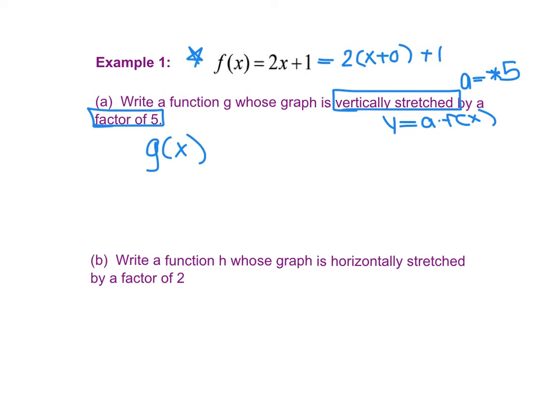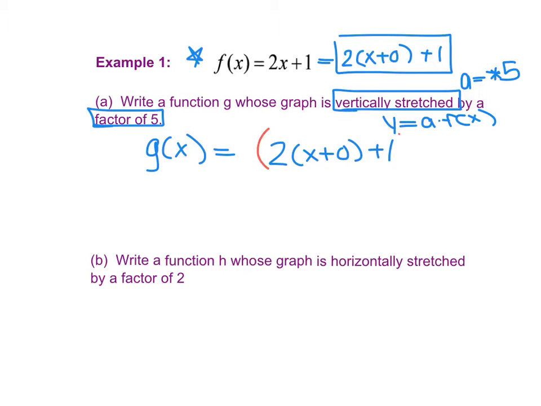So what we're going to do here is we're going to take this entire function, so we have 2x plus 0 in parentheses plus 1, and we are going to multiply it all by our vertical stretch factor of 5. So because this is a vertical stretch, we're going to multiply the entire function by 5.